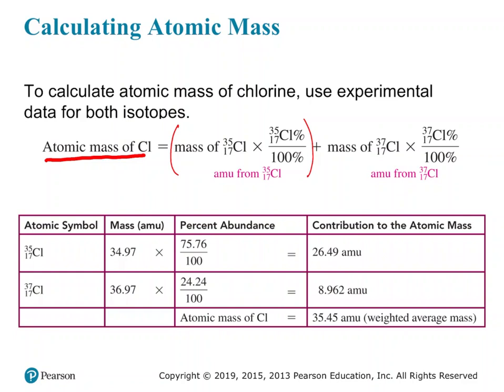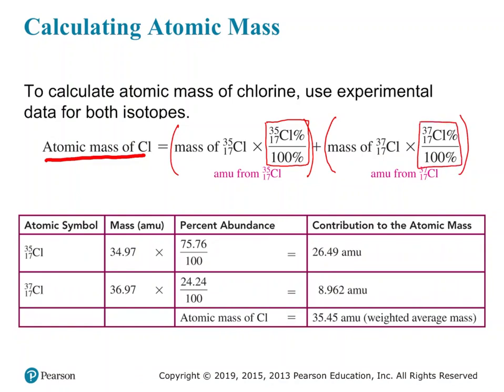So we're going to divide the percent by 100. So that's a really key point here. So we're taking that percent abundance and dividing it by 100. And then we do the same thing for chlorine 37. We take the mass of chlorine 37 and we multiply that by the percent abundance divided by 100.